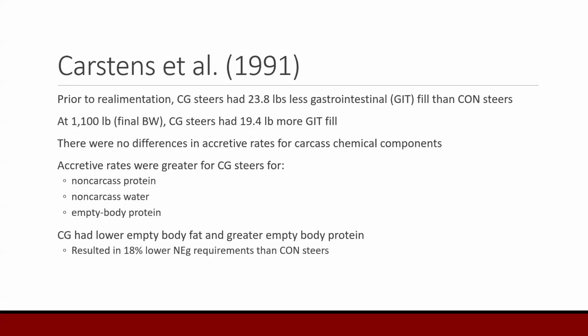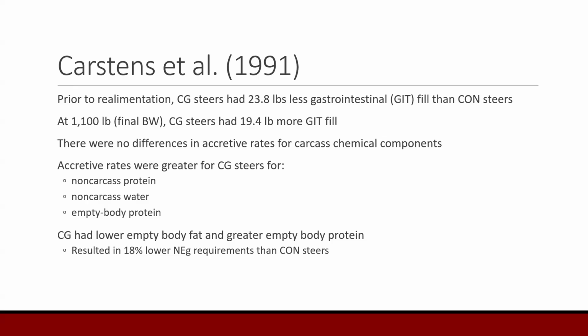So that's kind of appreciable. At 1,100 pounds, so their final body weight, the compensatory growth steers had 19.4 more GIT fill than the control. So that ranking switched. That's because those compensatory growth cattle ate more feed during realimentation. Okay.